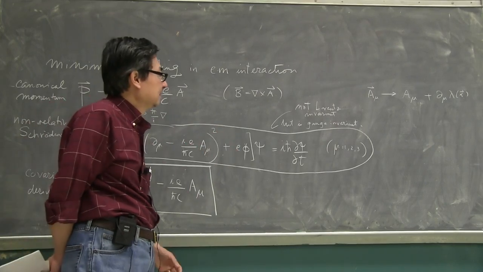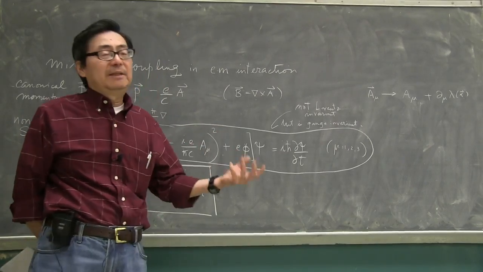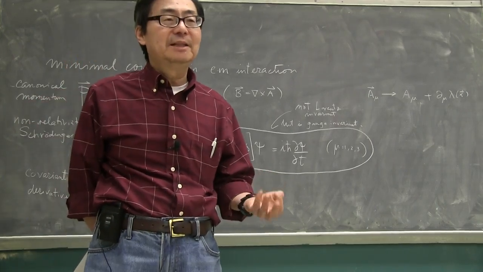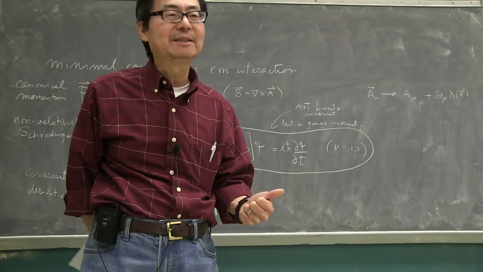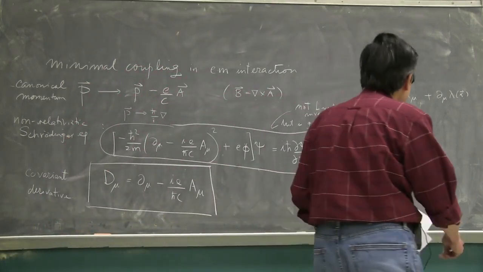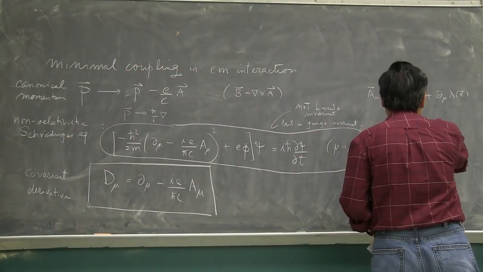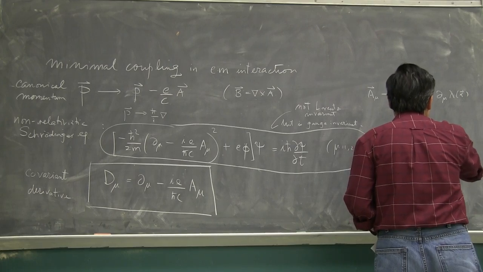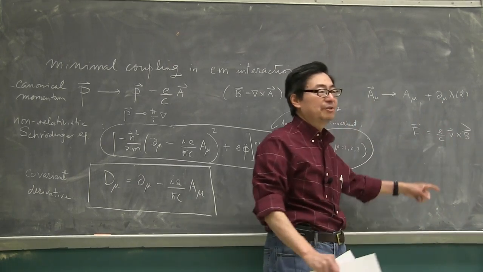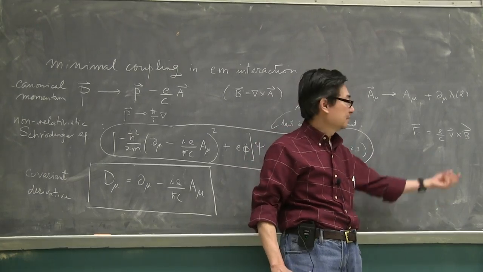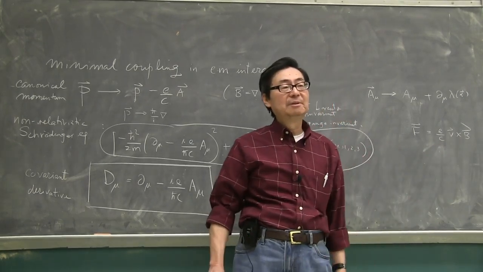Classically, the electron couldn't care less which gauge you are using, because the electron only sees the magnetic field. Because classically, you remember this, the magnetic force is something like e over c v cross B. So an electron traveling with some velocity v classically only sees the B field.